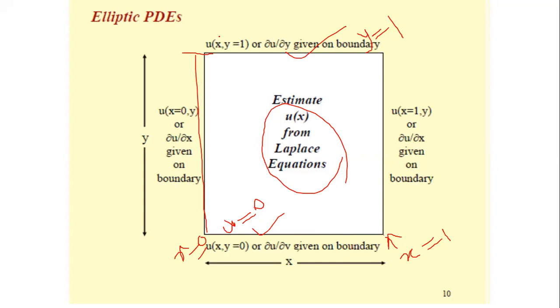So if all these derivative values, del u upon del x and del u upon del y, are given along the edges, then that is called the Neumann boundary condition. And if the known quantities are mixed, some values of u are known for some edges, and some values of del u upon del eta are known for the remaining edges, then that is called your mixed boundary condition.